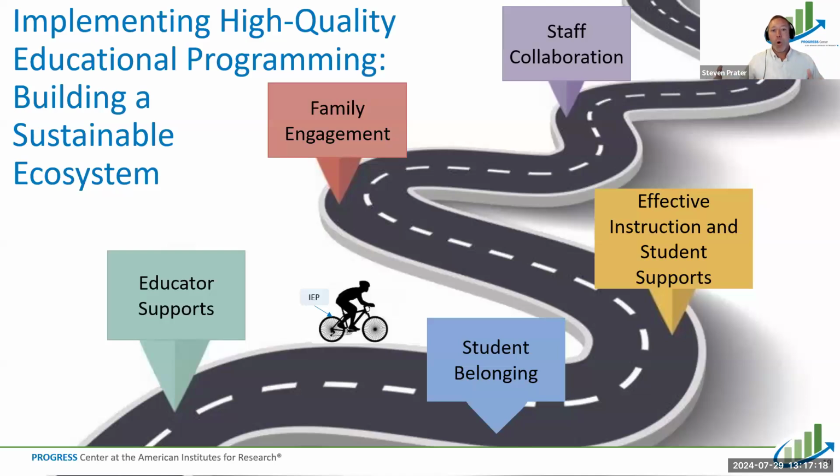So this is our road, our path to progress, right? We'll reference this a bunch of times too. That IEP is just one little part of what we're talking about, this path to progress. You can see all the things along the way that also help, such as educator supports, family engagement, student belonging, all those things that you see on the road.